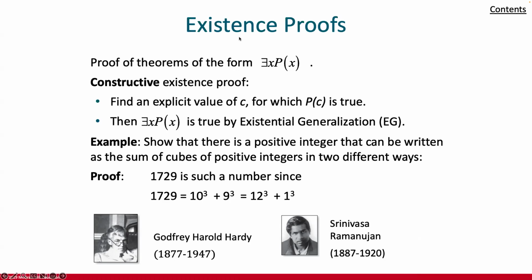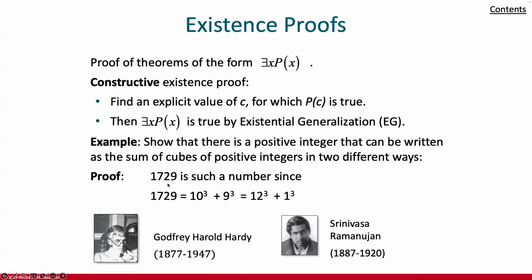And so here we can be looking at existence proofs, and in a proof of a theorem of the form something like this, for a constructive existence proof, find an explicit value of c for which P(c) is true. Then we can be analyzing this and see if it is true by existential generalization, or by the acronym EG.